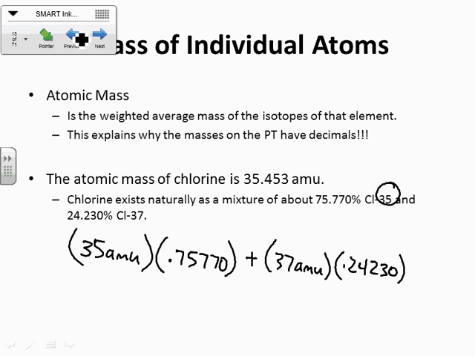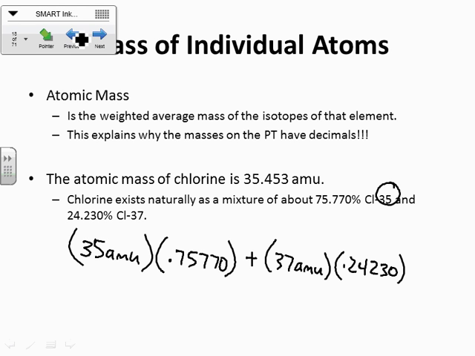When you do that calculation, you end up getting, that's a little different. Make sure I punch my numbers in right here. 37 times 0.24230.